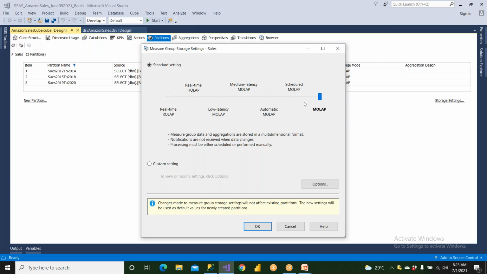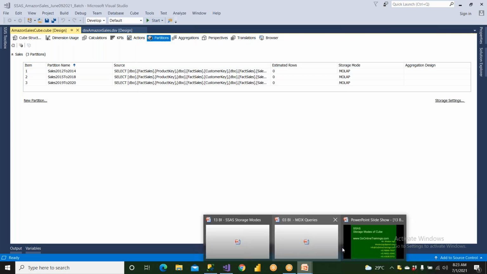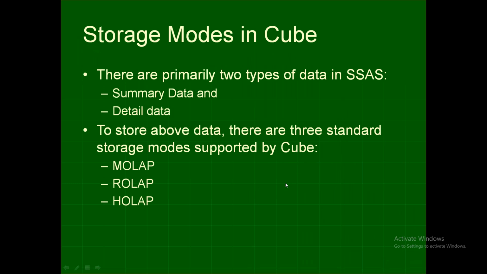So we have MOLAP, then we have ROLAP and so on. Let us understand this one by one. Let me go back and tell you, there are primarily two types of data in SSAS, summary data and detailed data. Clear? To store data, there are three standard storage modes supported by the cube.